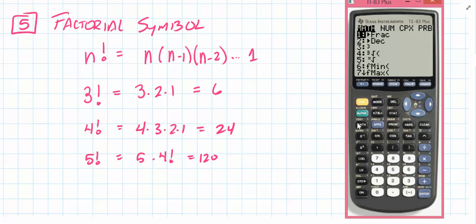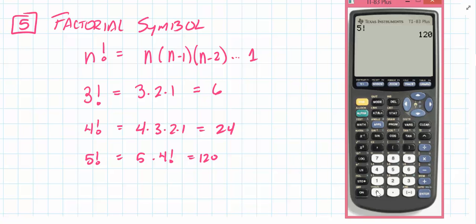Notice at the top you have 4 tabs: math, num, CPX, PRB. Go over to the right, that one. It stands for probability. Go down to option 4, and look, there's your factorial symbol. By pushing enter, of course, you get 120, which is what we came up with here.